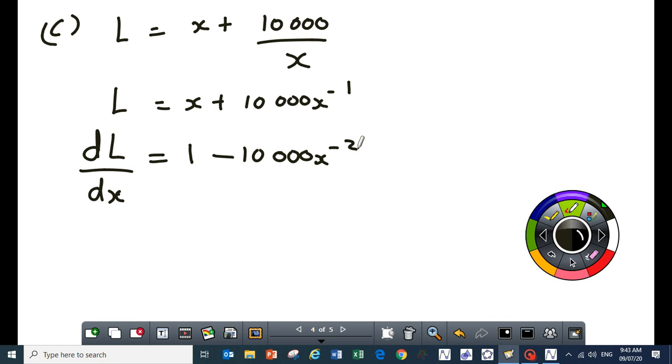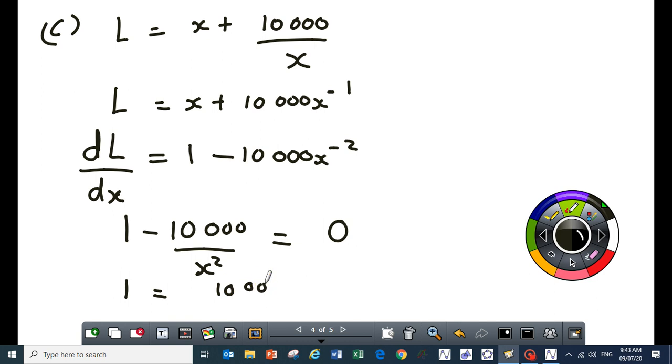I'm not done yet. Now, because we are trying to find the minimum value of that length, we equate the first derivative to 0. So this becomes 1 minus 10,000 all over X squared is equal to 0. And then this will give me 1 equal to 10,000 over X squared.